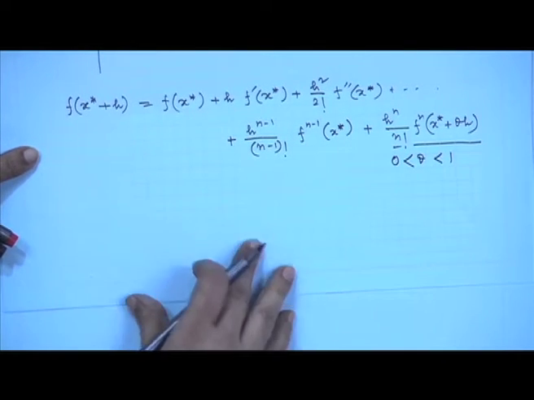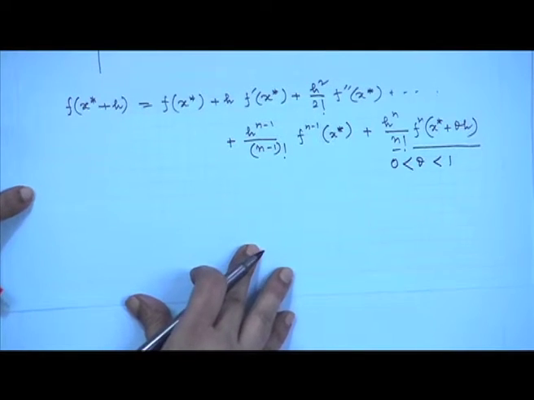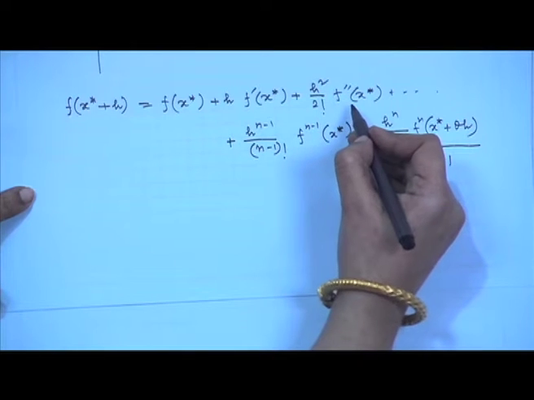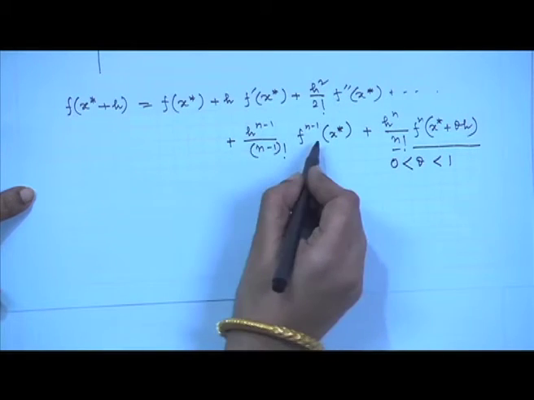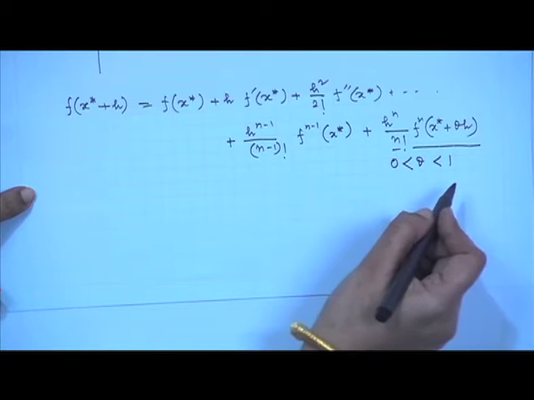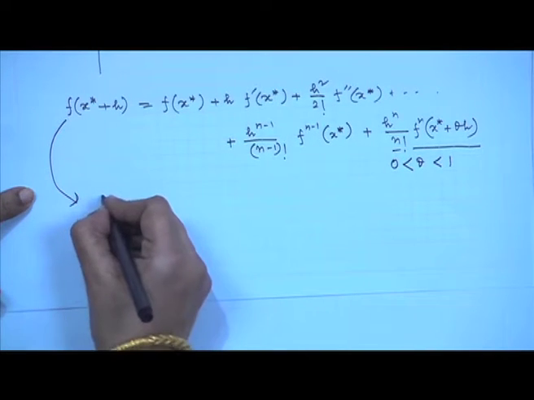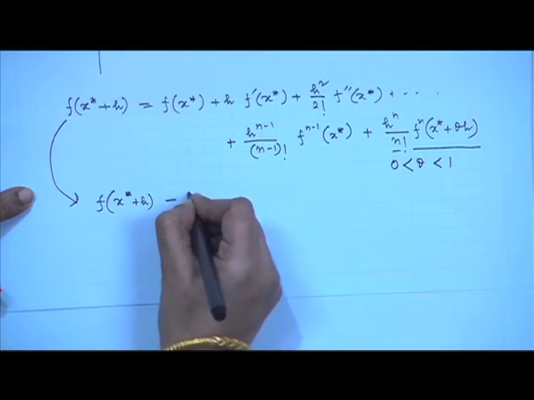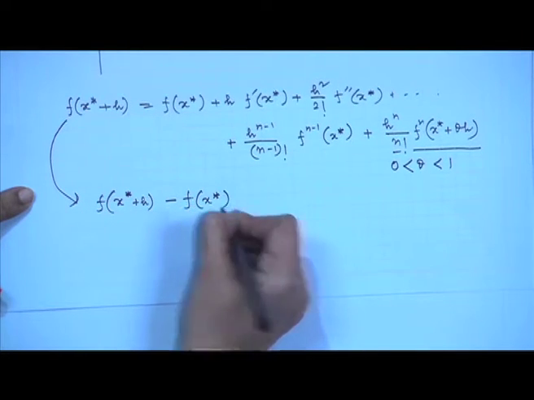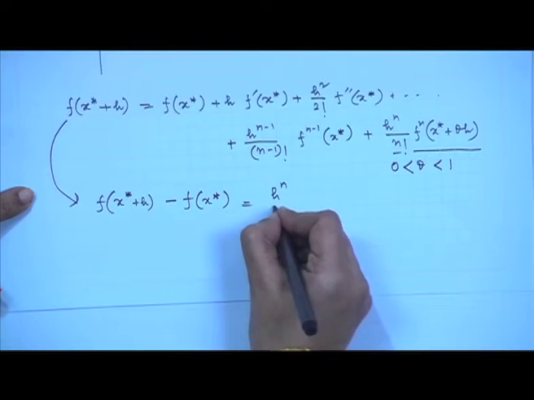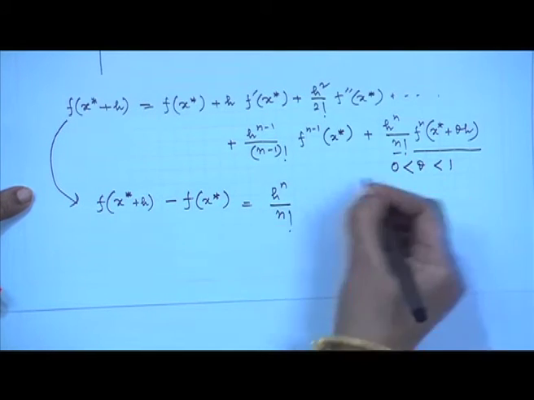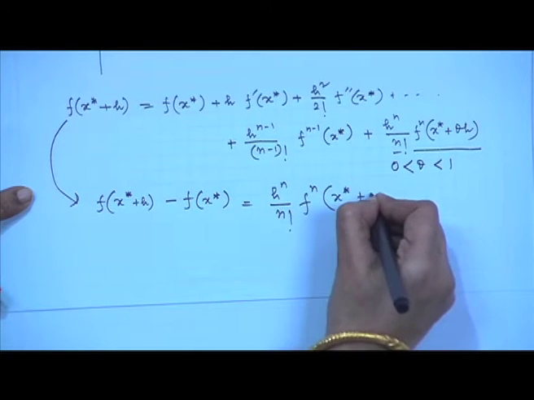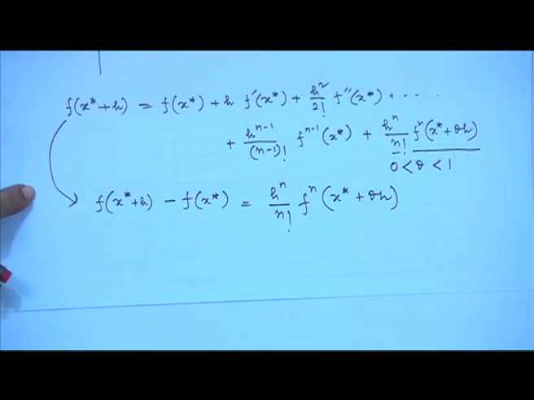Alright. Now, in the sufficient condition, what have we considered? We have considered that f prime x is 0, f double prime x is 0, and up to f n minus 1 x is 0. That means from here we are getting f of x star plus h minus f x star equal to h to the n by n factorial, because all other terms will vanish, times f n of x star plus theta h.